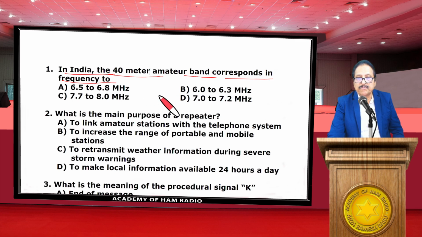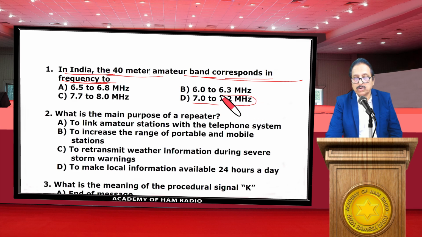So all of South India can be covered. It may cover around 1000 kilometers approximately in the daytime, and in the evening, of course, it will extend to the neighboring countries also. So the corresponding frequency is 7 to 7.2. Delta is the correct option.